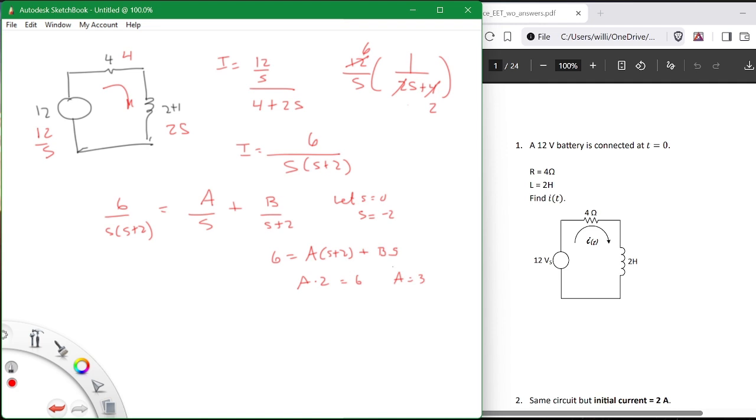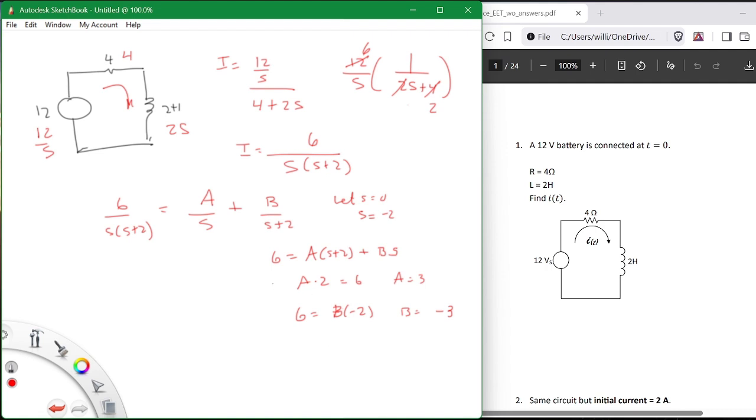Minus 2, this term drops out. 6 is equal to B times minus 2. B is equal to minus 3. Is that what everybody got? Everybody agree with that? Leo, do you feel like that's good to go?